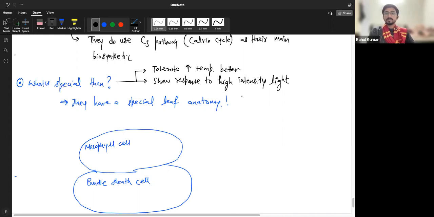In the tropical region, the sunlight is very much available. So they show a response to high light intensity.